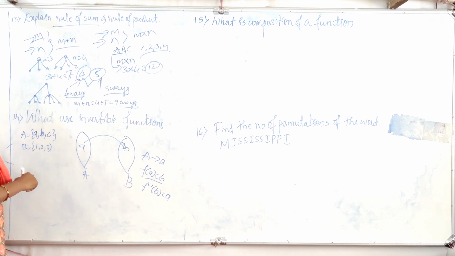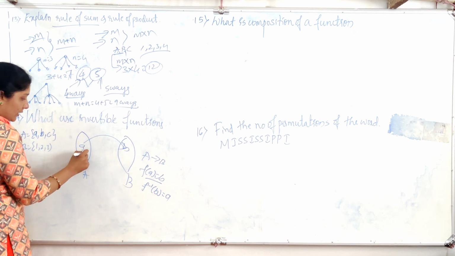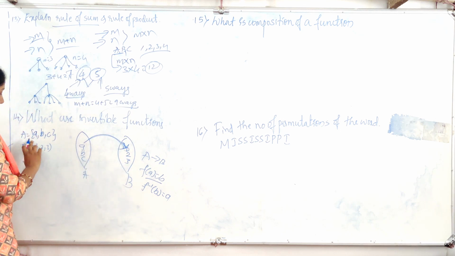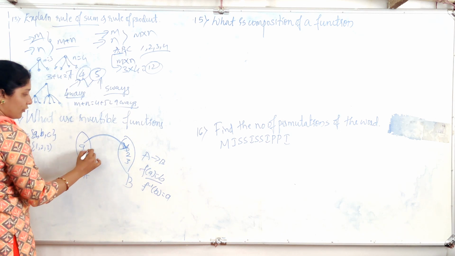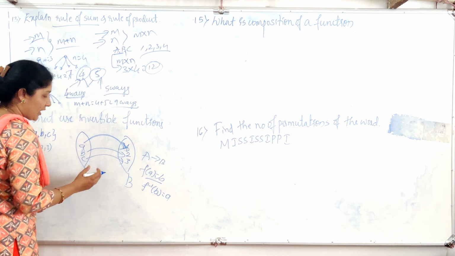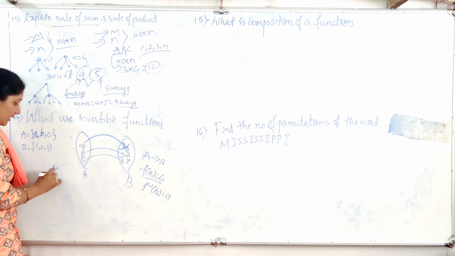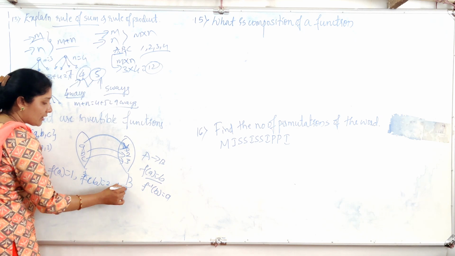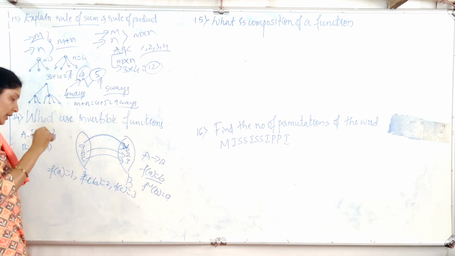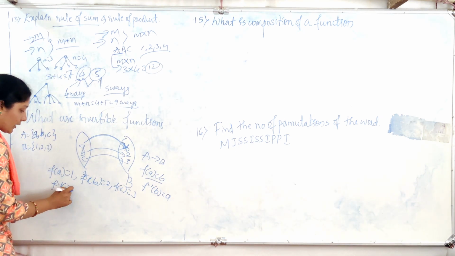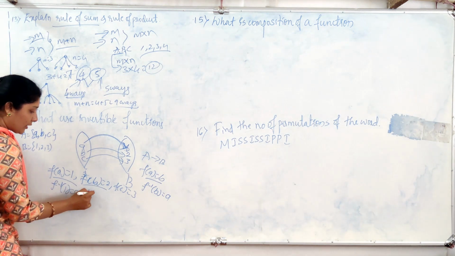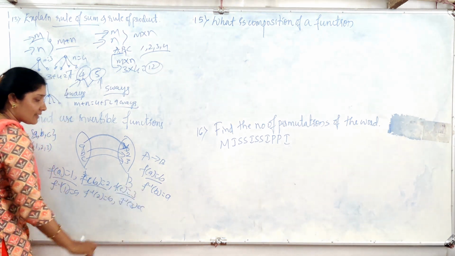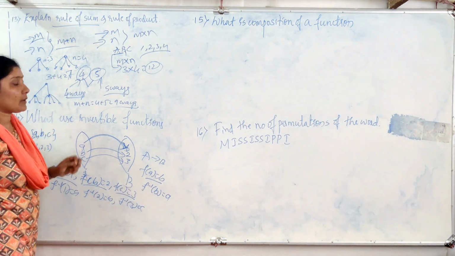Here f of A is 1, f of B is 2, f of C is 3. How do we write in function format? f of A is 1, f of B is 2, and f of C is 3. Now inverse we write as f inverse of 1 is A, f inverse of 2 is B and f inverse of 3 is C. So this is what an invertible function is.